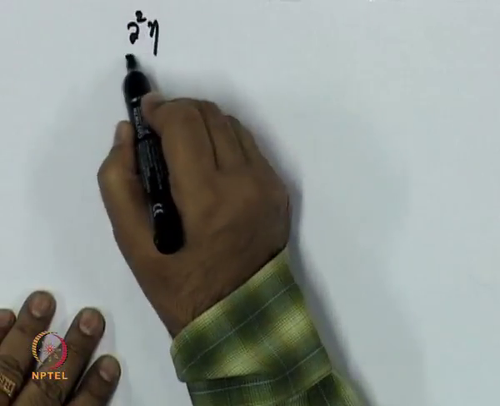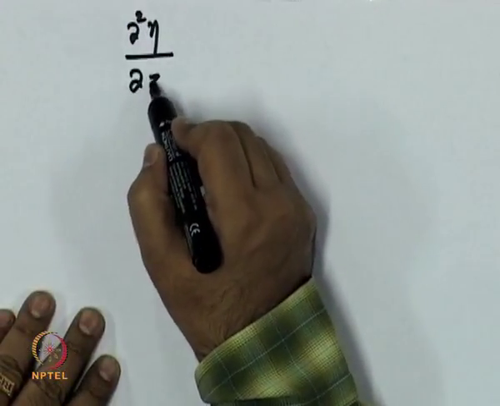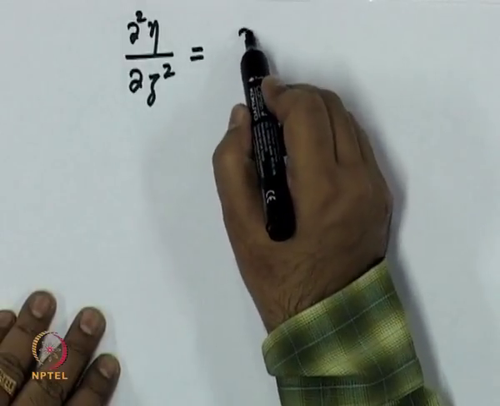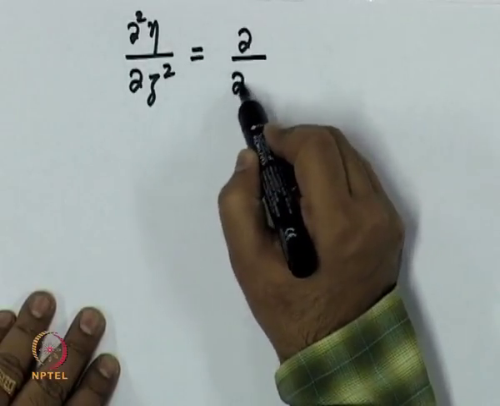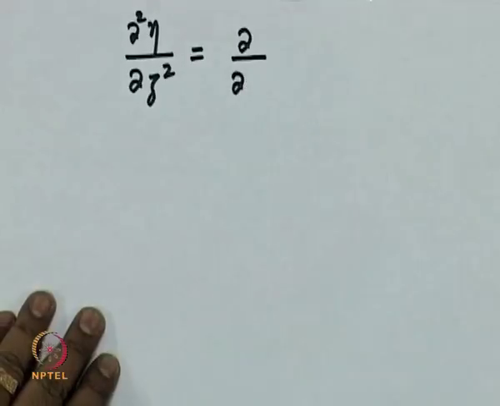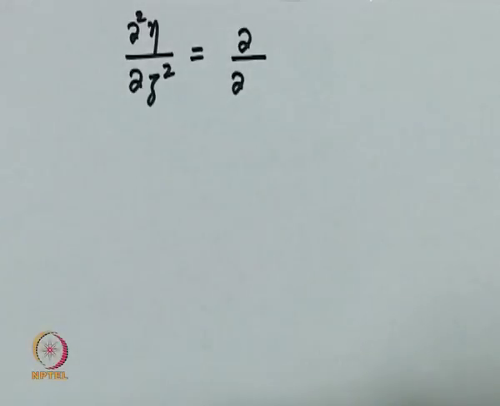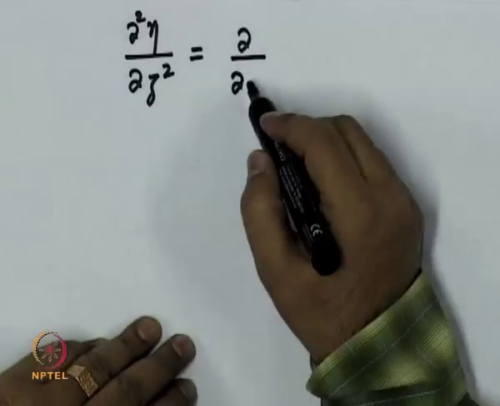The right hand side of the equation is what? It is ∂²η/∂z². I am going to use the same trick. I am going to say that it is ∂/∂y and ∂y/∂z.